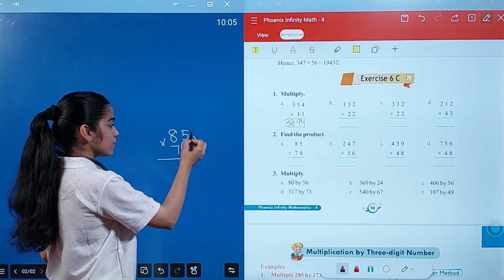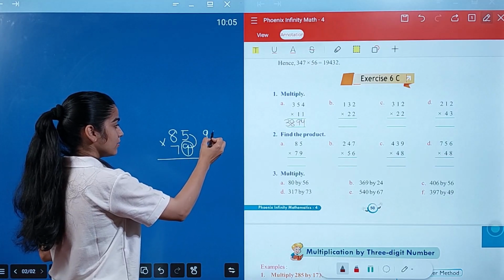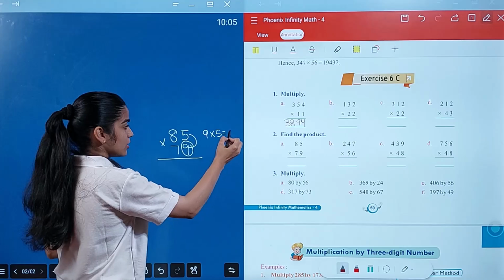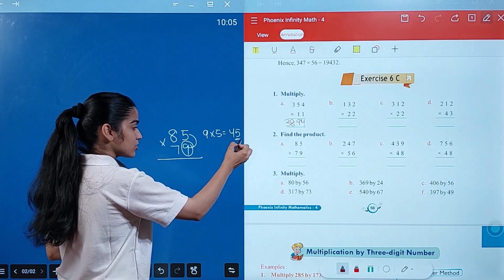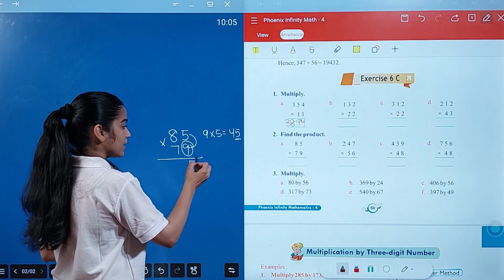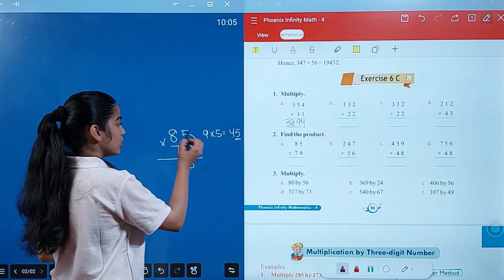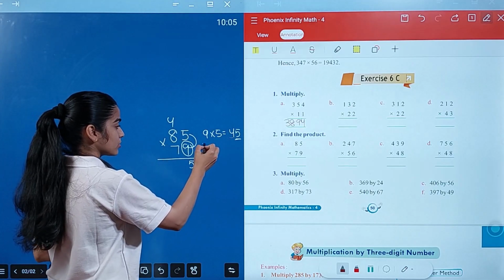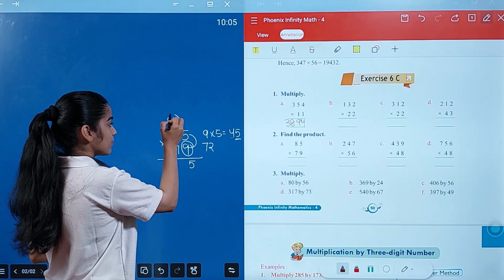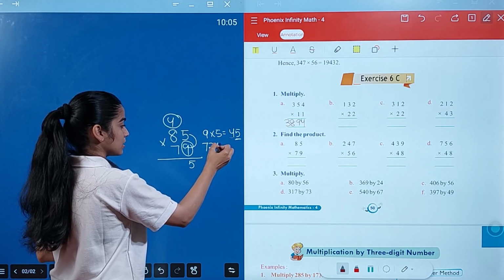So 9 fives are 45, right? It is a two-digit number, so we just consider the last digit, 5, and we shift this 4 to the next number. 9 multiplied by 8 is 72. So this 72 and this 4 will be added together.